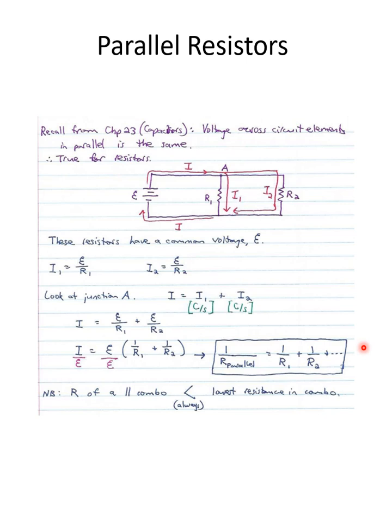I want you to notice that when you have a parallel combination of resistors, the total parallel resistance is always less than the lowest resistance in the combination. So if we want to build a circuit, and let's say we need 20 ohms, but all we have is a bunch of 100 ohms.